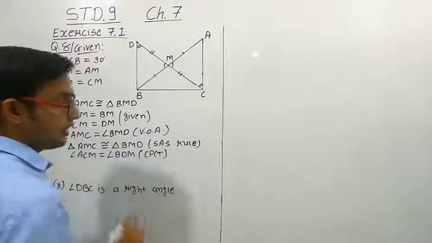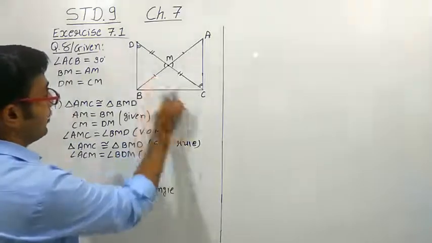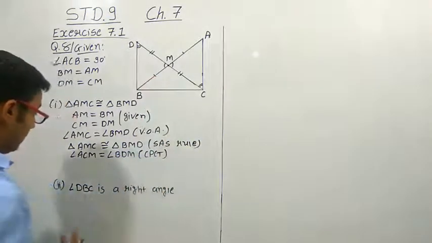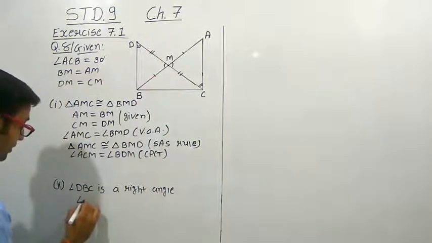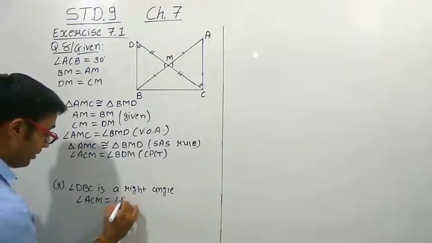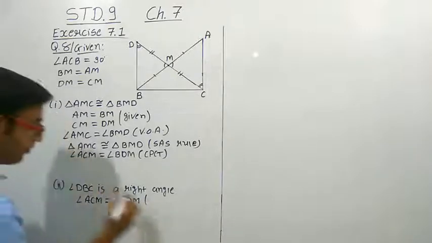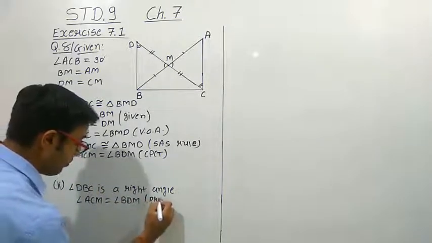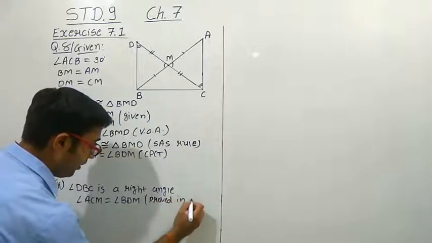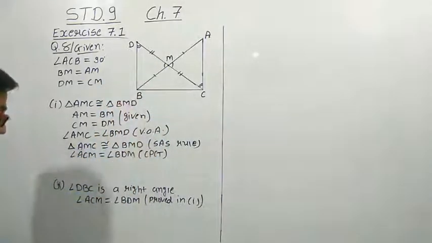By CPCT we can write down this. So here we have angle ACM is equal to angle BDM. This condition we are taking from 1, so we have already proved this in 1. So see, here two lines are there. DB and AC are the two lines.